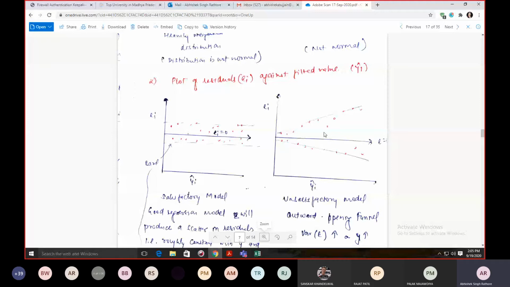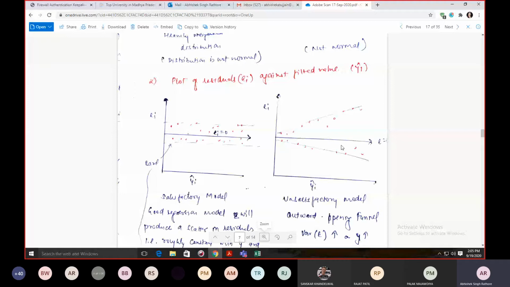Again, if few values lie above e_i equals 0 and few values lie below e_i equals 0, it means you are getting an opening funnel type view, an outward funnel.